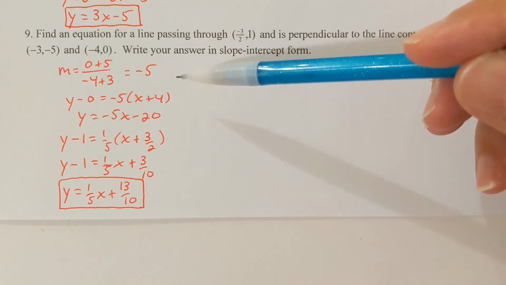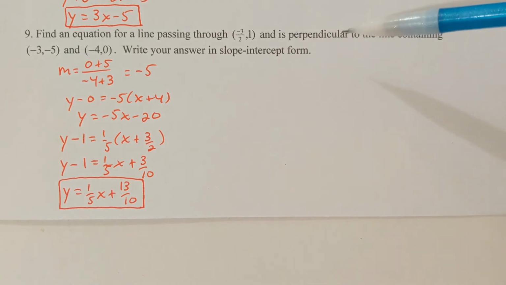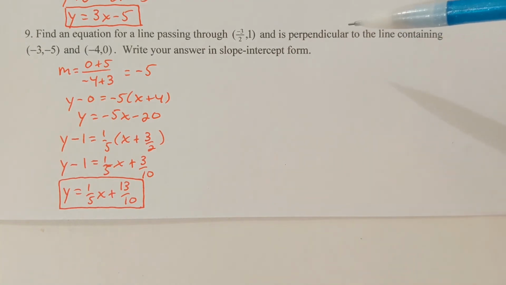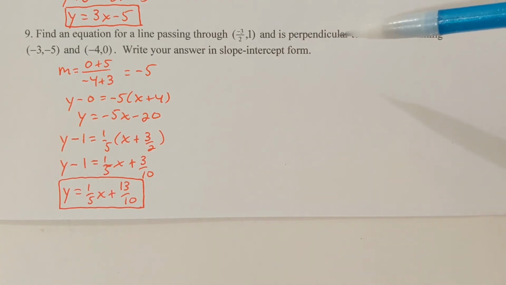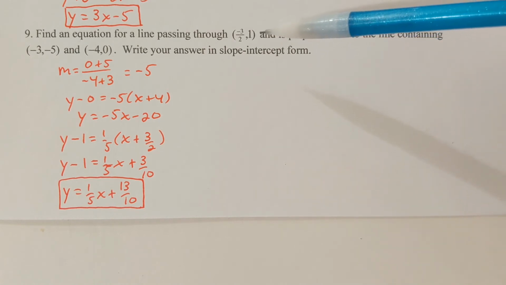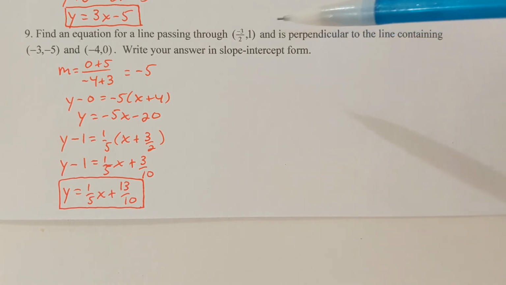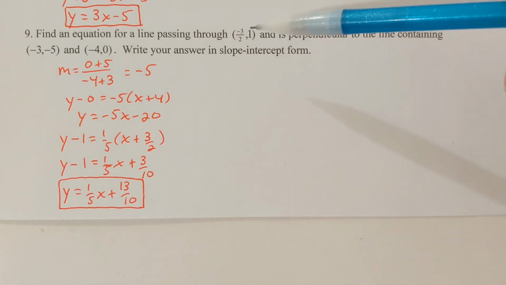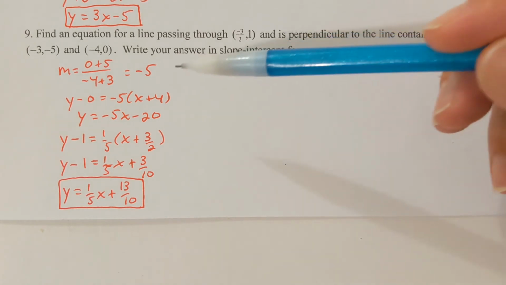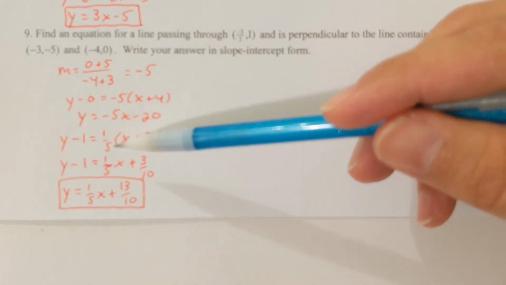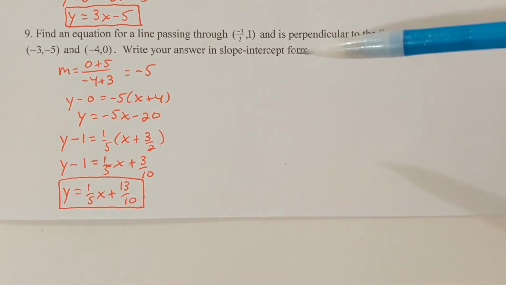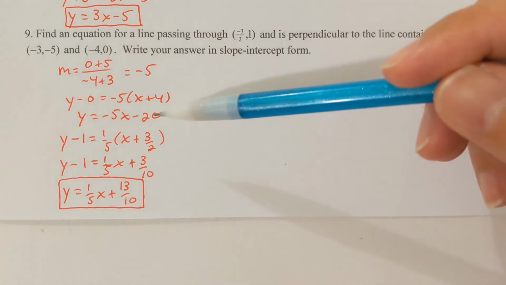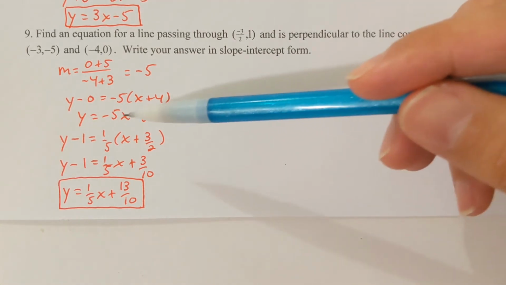Okay, now the next thing that I could do is, since I've got to find a line that's perpendicular to this one and passing through (-3/2, 1), the slope of this line must be 1/5. I could find the equation of this line. They're not asking me to do that.